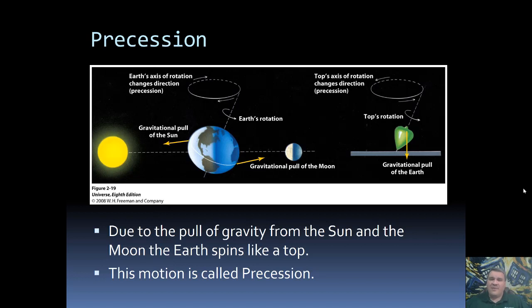Now, we've talked about the rotation of the Earth and the revolution of the Earth, or the orbit of the Earth. But the Earth actually has one more motion on top of both of those. This is what we refer to as the precession. Now, the best way to understand the precession is to actually think about a spinning top. If you've ever played with a spinning top before, one of those things that you set spinning and it spins around really, really fast, that really quick motion is like the rotation of the Earth on its axis.